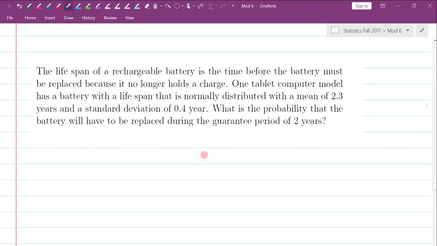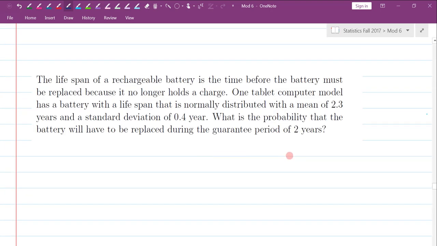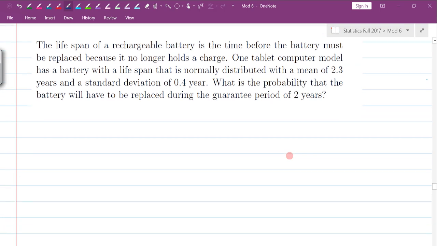Okay, here's our next problem. It says, the lifespan of a rechargeable battery is the time before the battery must be replaced because it no longer holds a charge.